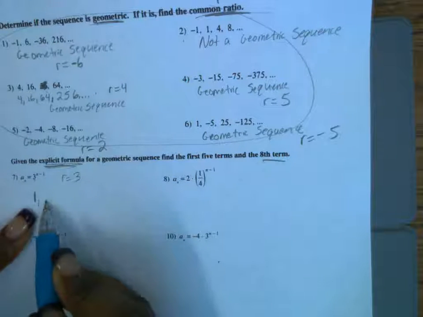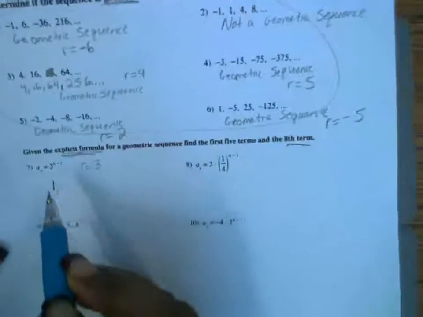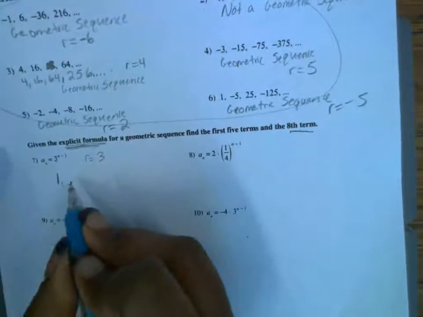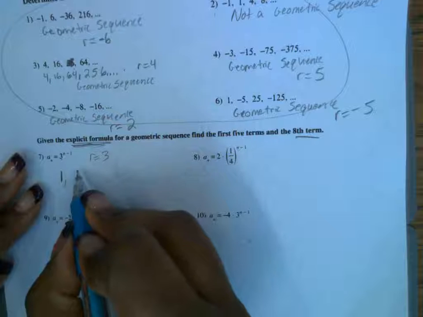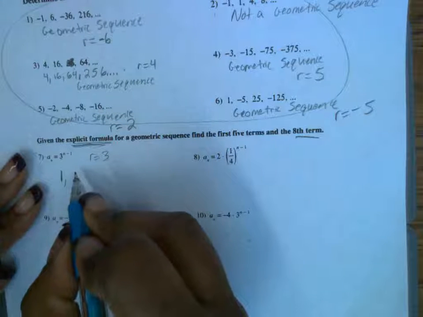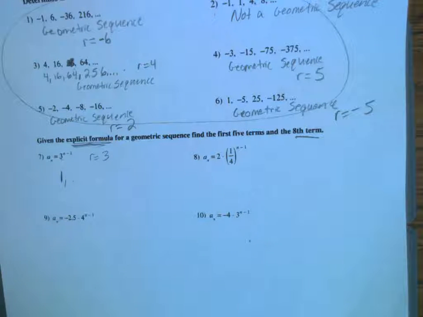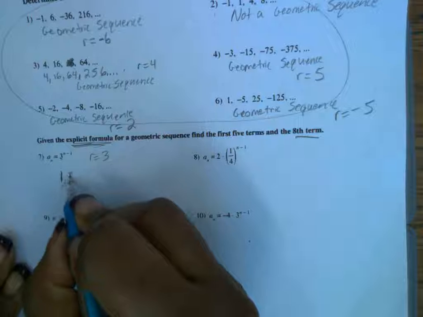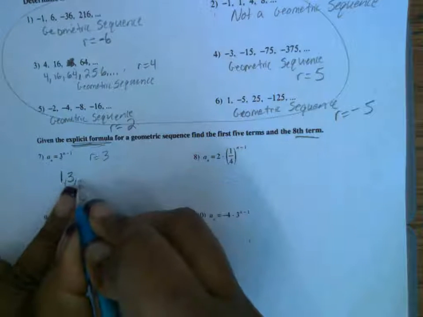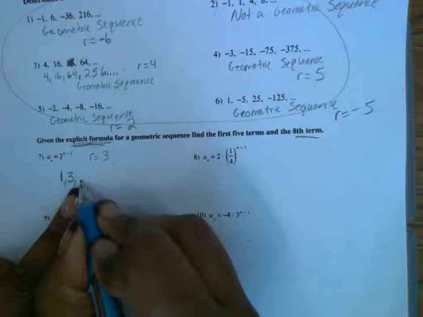So what's going to be the second number in this list if your common ratio is 3? If your common ratio is 3, what's going to be your second number in the list? 3. What's going to be the third number in the list? 9.